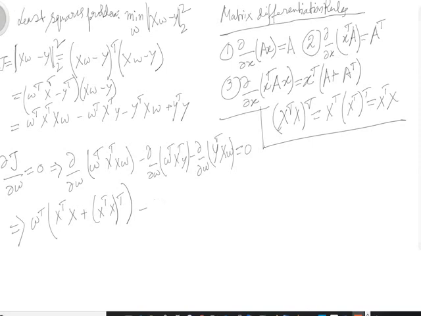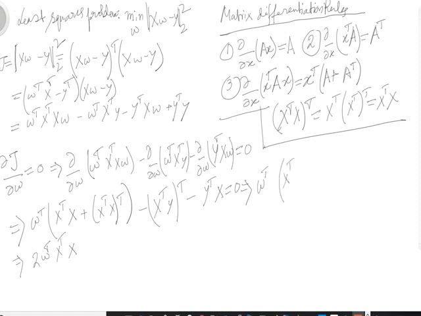Then we are going to use rule 2 for the second term, and for the third term we are going to use rule 1. Now the fourth term that existed in J doesn't involve W, so it is a constant in terms of W and gets cancelled away when differentiated.